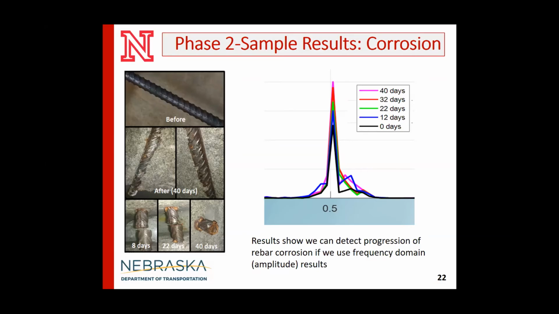Then eventually that will become too much buildup and too much stress, and there will be cracks, and eventually the two materials separate, and that's the delamination. So we were able to detect the progression of corrosion starting very early on. The earliest we report here is 12 days, but we also have 5-day changes that are already different from that black line you would see.